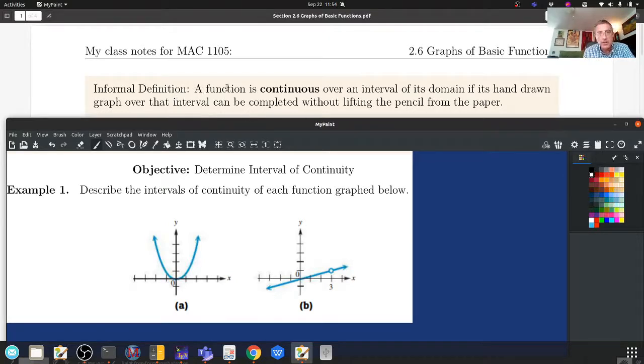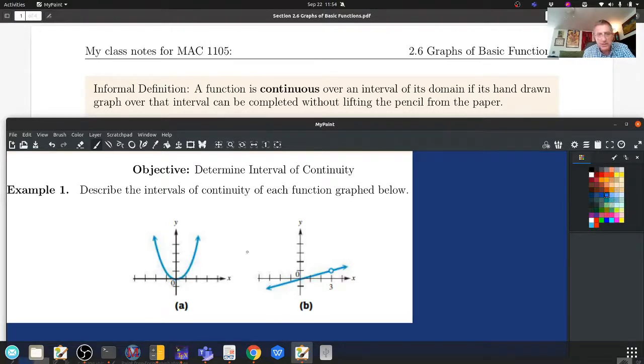So we're going to look at the graph of a function. A function is continuous over an interval of its domain. The domain interval is always our x-axis here. If its hand-drawn graph over that interval can be completed without lifting the pencil from the paper.